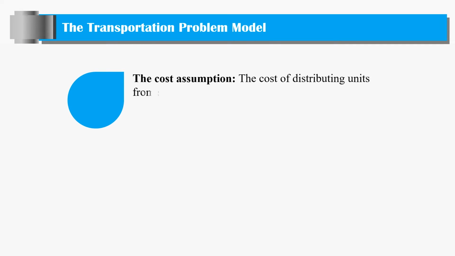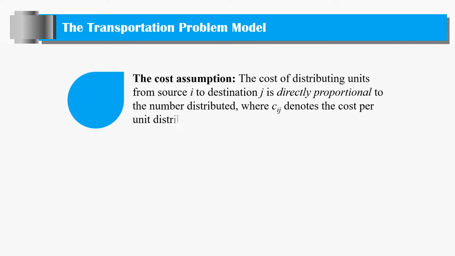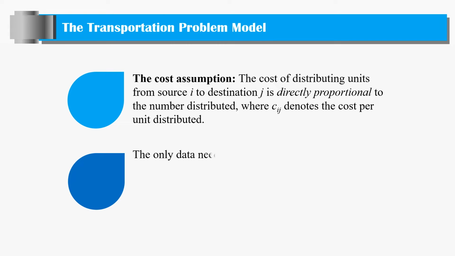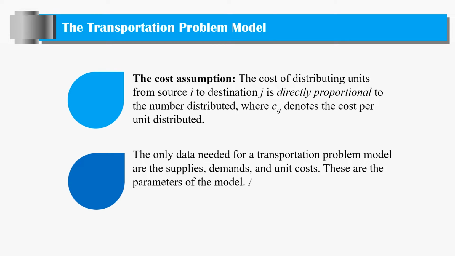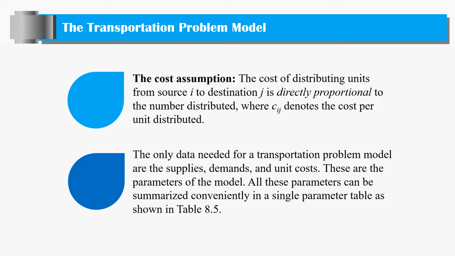The cost assumption: we assume that the cost of distributing units from source I to destination J is directly proportional to the number distributed, where Cij denotes the cost per unit distributed. Now, the only data needed for a transportation problem model are the supplies, demands, and unit costs. These are the parameters of the model.